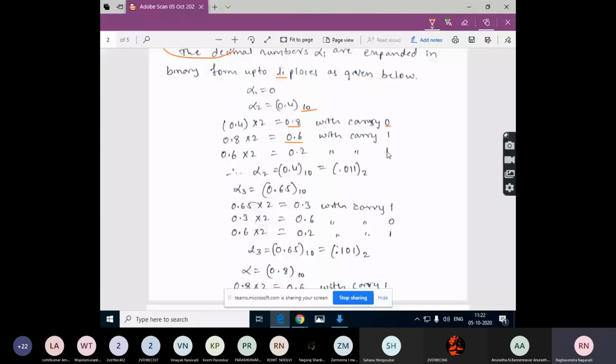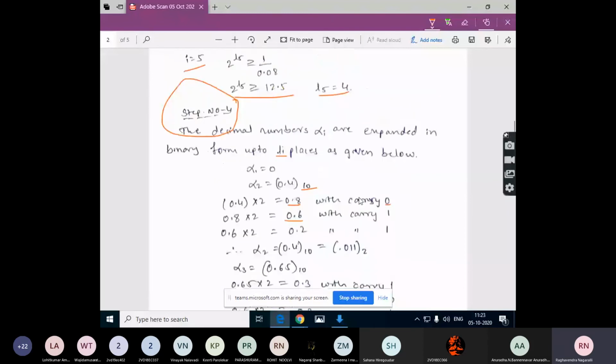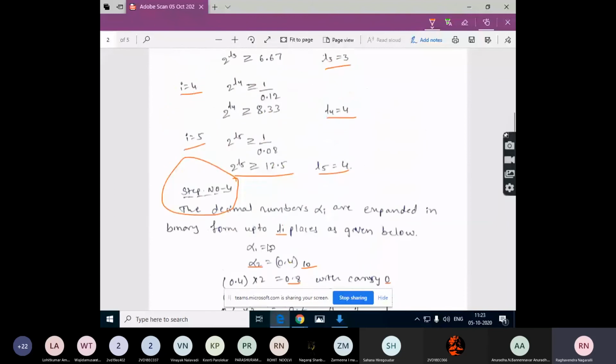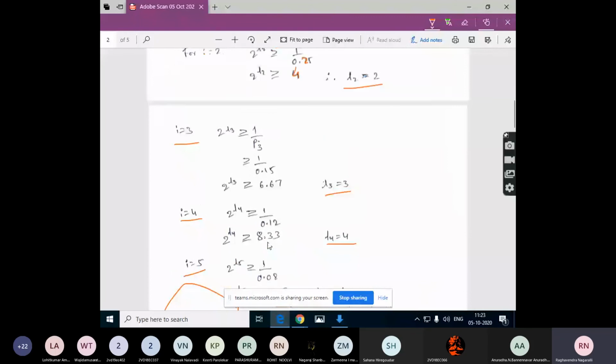Okay, we can continue this, but we need these carry values only up to li places. Without wasting much time in further expansion, we will stop here. What is this l2 value for i equals 2? That is 2.